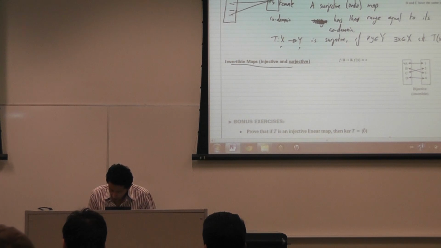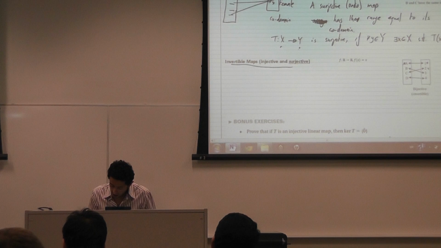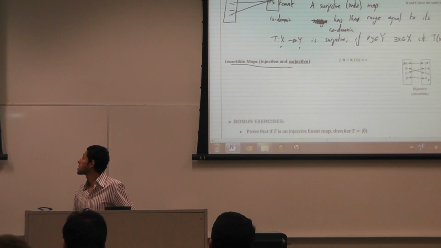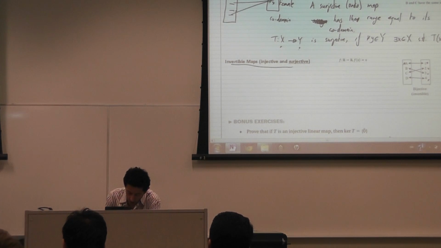For every element here, there is a unique one on this other side, and for every one here, I can find the original element, and that's why this is called a bijective or invertible map. So an invertible map is both injective and surjective, or one-to-one and onto.